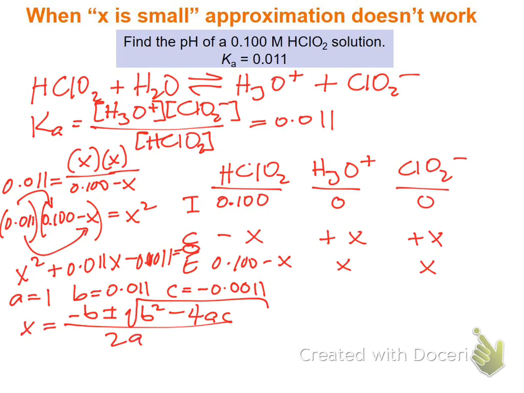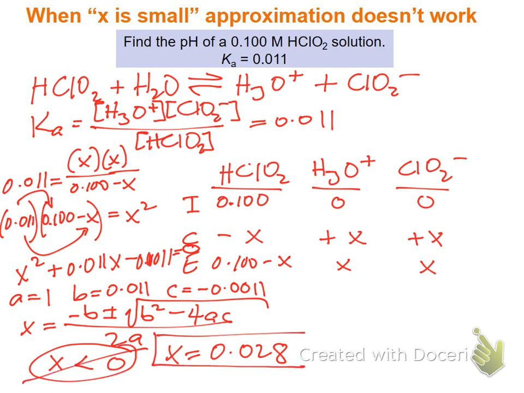Okay, and when we plug in these values, you get two values of x. One is going to be less than 0, meaning it's negative, and so we omit this, and the other x is equivalent to 0.028. And so because the first is negative, we cross that out, and our answer is the positive value here. If you get two positive values, you're going to have to check and see which one is the valid one, right? By plugging it into the equation for equilibrium and seeing which one makes sense.